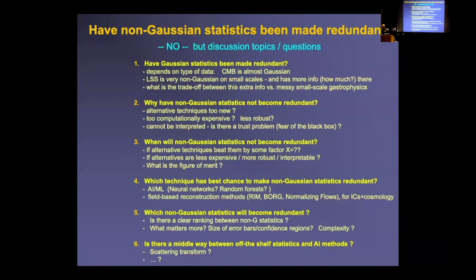One comment: I think you're asking a great question, which was kind of my parentheses on the top right, how much information is in small scales. And what you're saying is one benchmark is to look at the initial power spectrum.